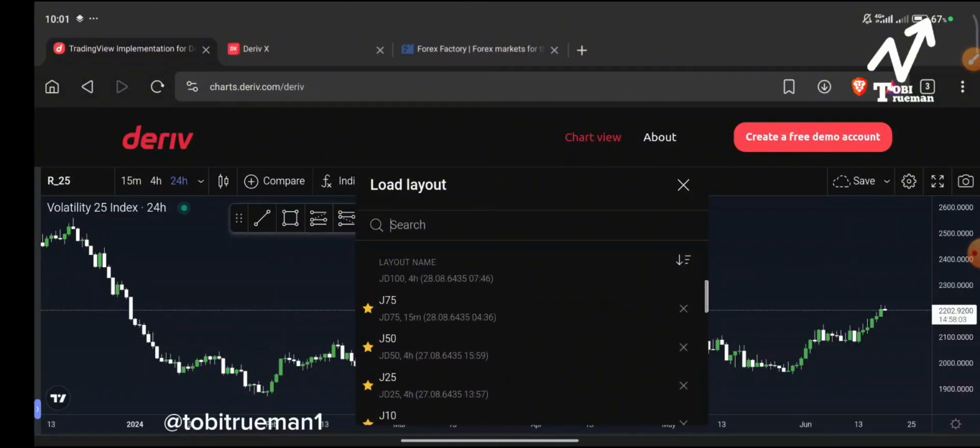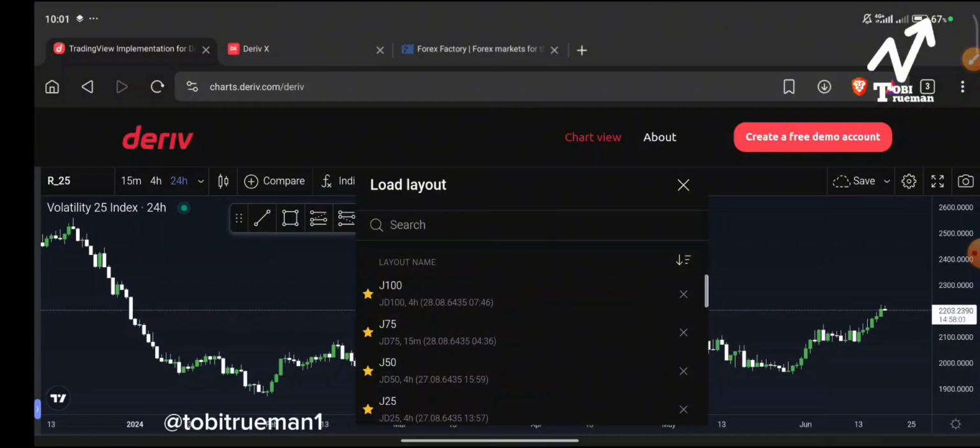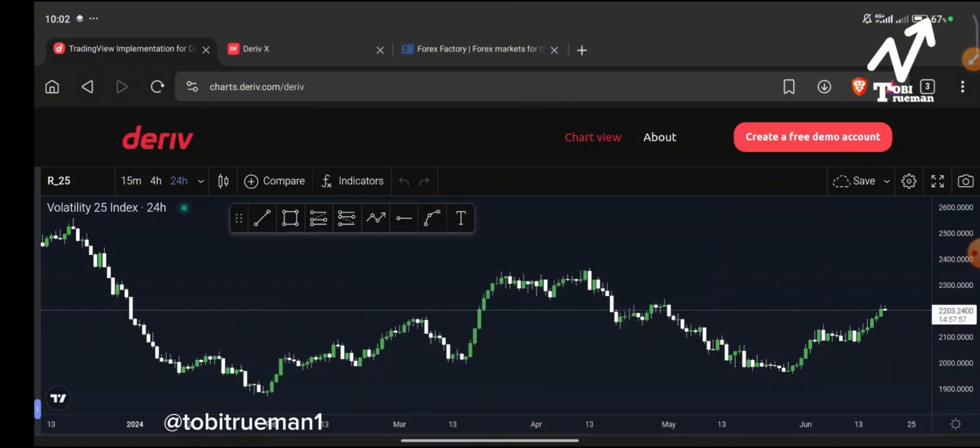Jump 25, jump 50, jump 75, and jump 100. All these you can also trade using this strategy.